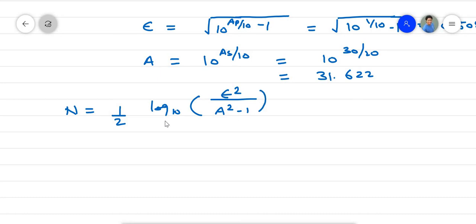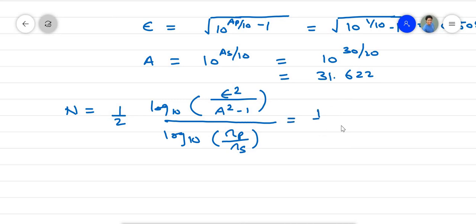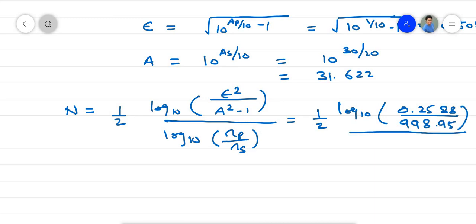Now finding the order, N will be equal to 1 by 2 log base 10 of (epsilon squared over A squared minus 1) upon log base 10 of omega P over omega S. We already know these relations from our lectures which we have already discussed. So substituting the values gives 1 by 2 log base 10 of 0.2588 over 998.95, over log base 10 of 0.333.